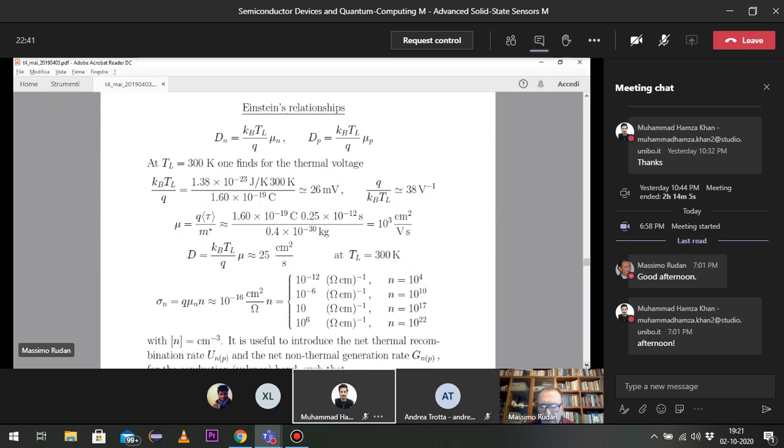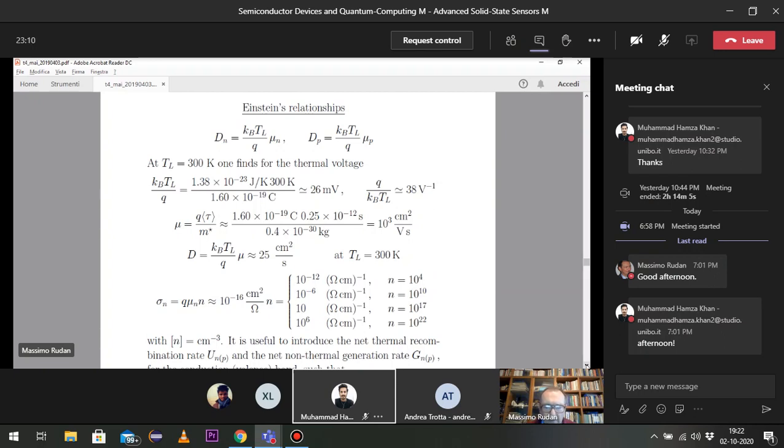On the third line, we consider a case of silicon doped with donor atoms having a concentration of 10 to the 17th, okay? So in this case, the concentration of the electrons is 7 orders of magnitude larger than that of the intrinsic case.